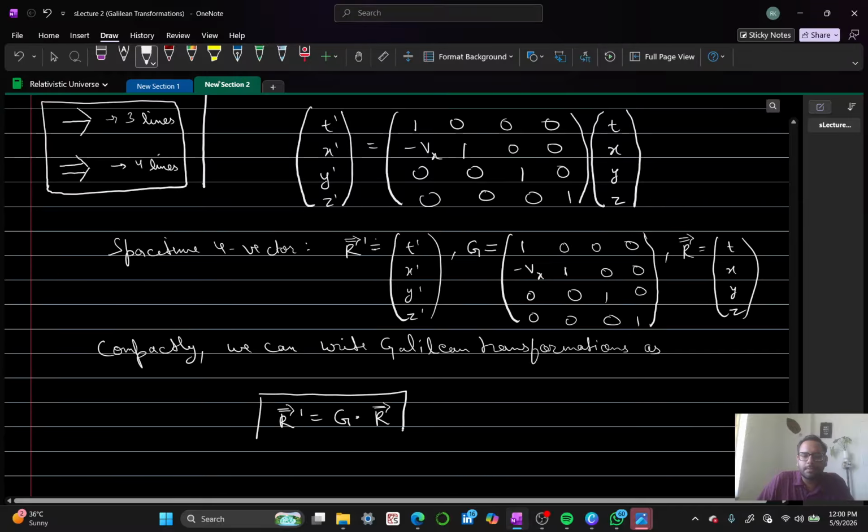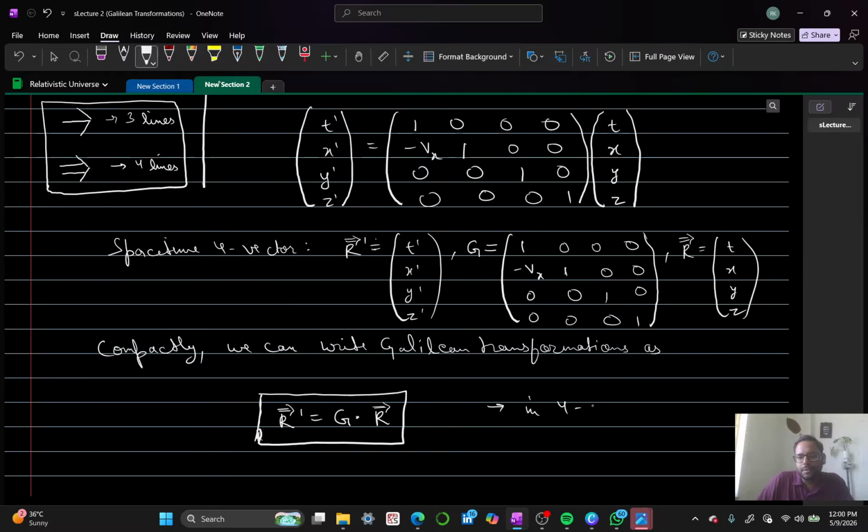These are simply my Galilean transformations in four vector form. Fine.